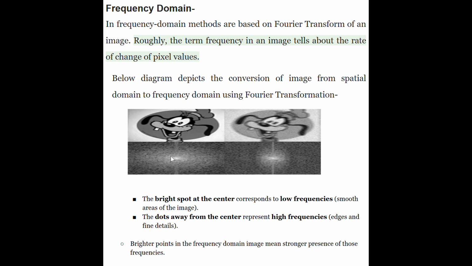The dots that are at a larger distance from the center represent the high frequencies, so you can consider these as the edges and fine lines. Brighter points in the frequency domain show the stronger presence of those frequencies. So this is the frequency domain.